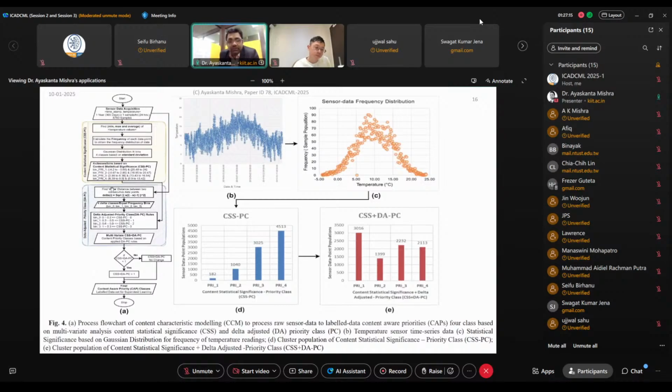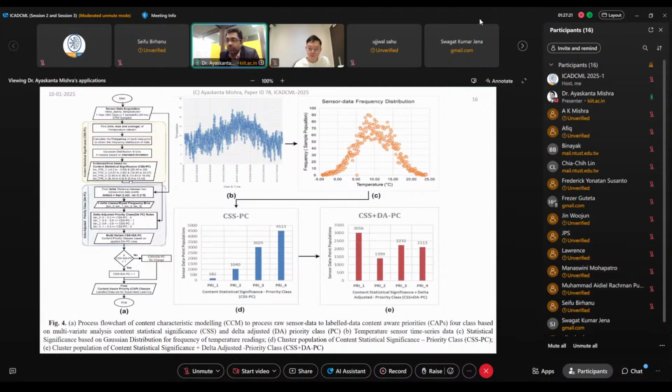And then we are going to do the delta adjustment. For the delta adjustment, we are going to use the rule-based system. So here we can see that priority 1 is assigned if the value is minus 4.2 to minus 0.6, so that is the extreme one. So the adjustment will be the highest, that is priority 1.